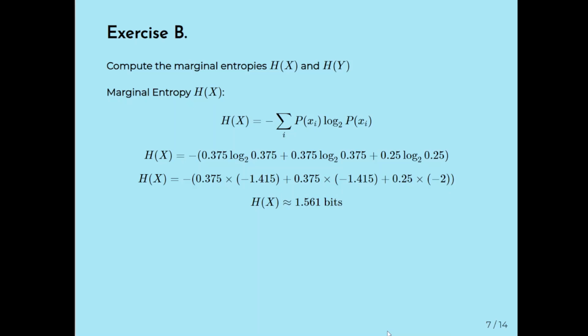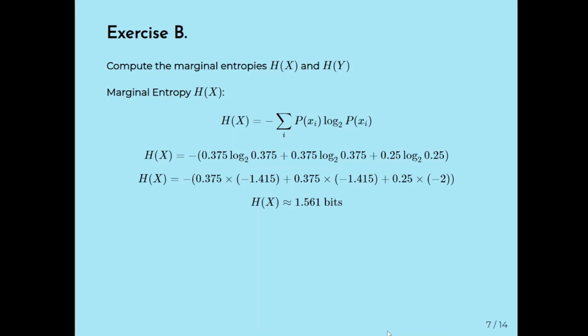Symbol a has a probability of 0.375, so we multiply 0.375 times log base 2 of 0.375. That is minus 1.415. That's also the same value for x equals b.